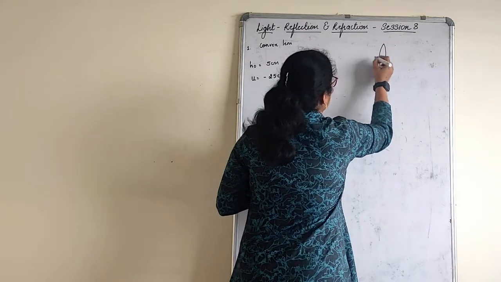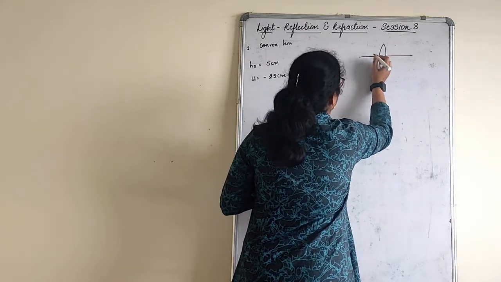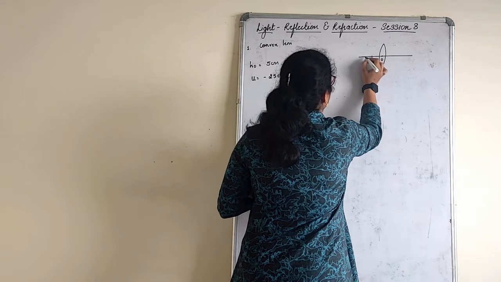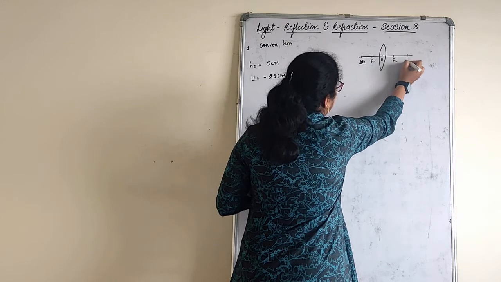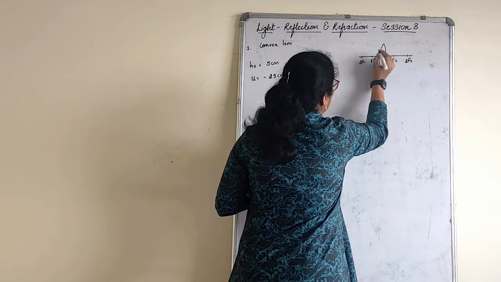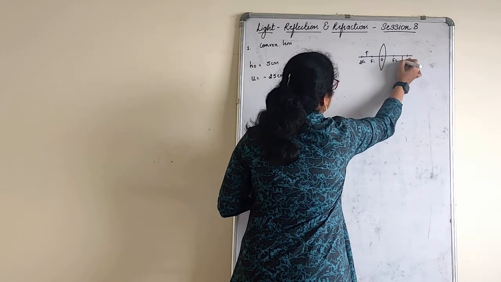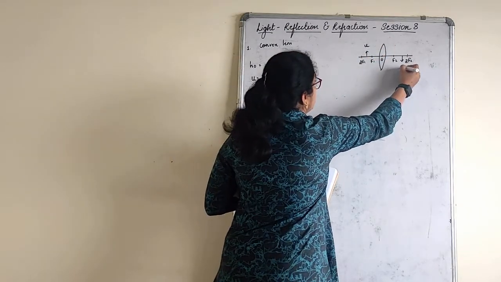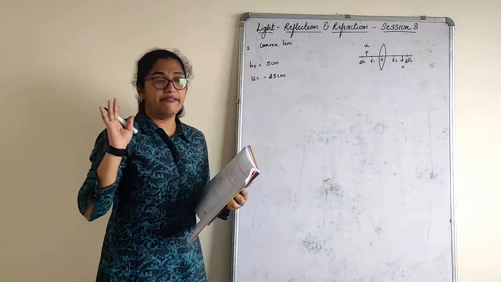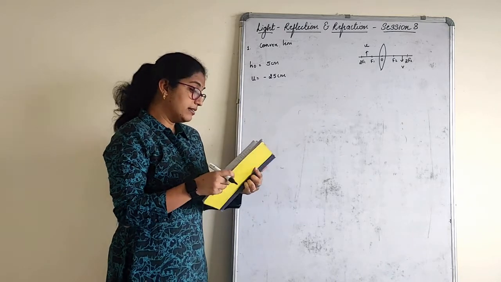So what we will do? We will have our usual one. So this is F1, 2F1, F2, 2F2. If I keep this, I get this. This is U, this is P. Okay, done with our sign conventions there. Read further.